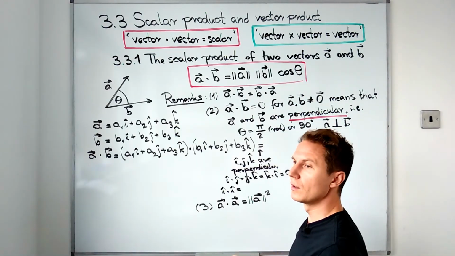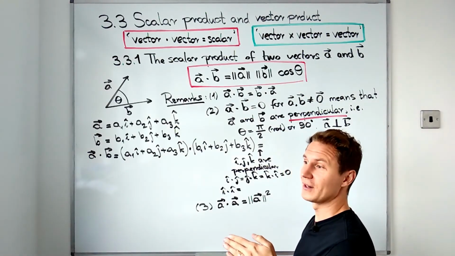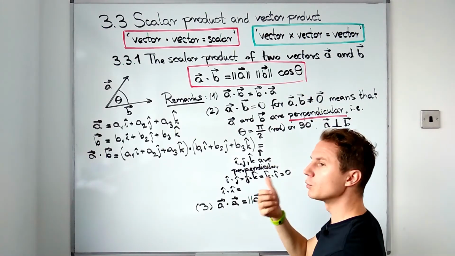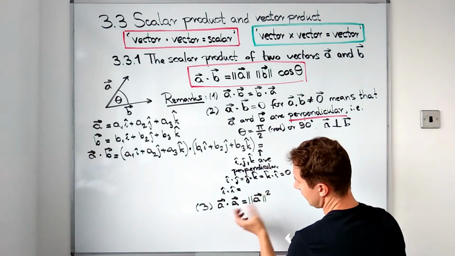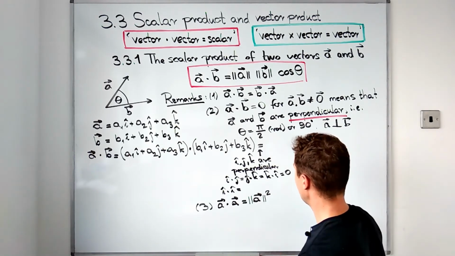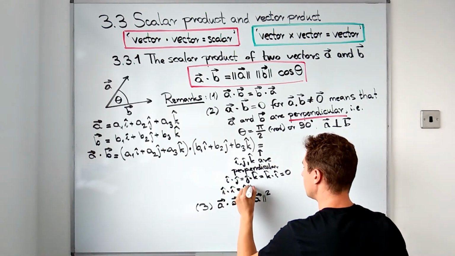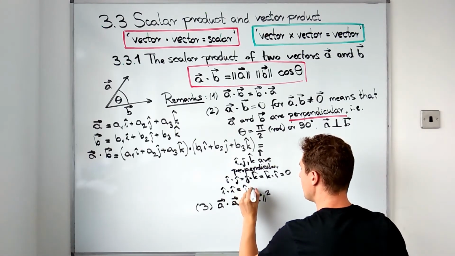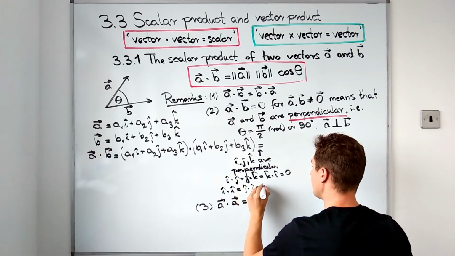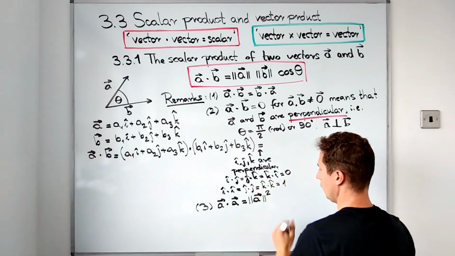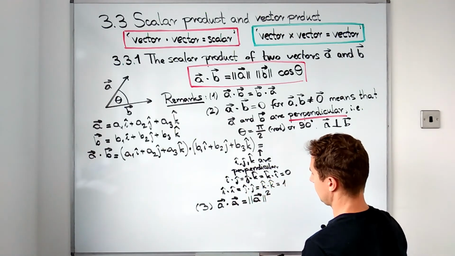The angle between a vector and itself is 0, and the cosine of 0 is equal to 1, so really what you get is just the length squared. So the length of i hat squared and the length of j hat squared and the length of k hat squared are all 1 because these are unit vectors.